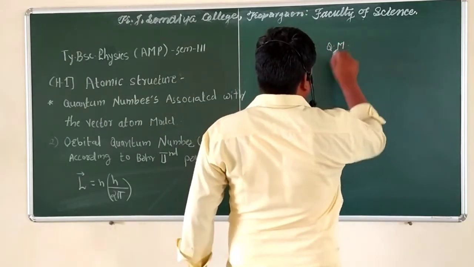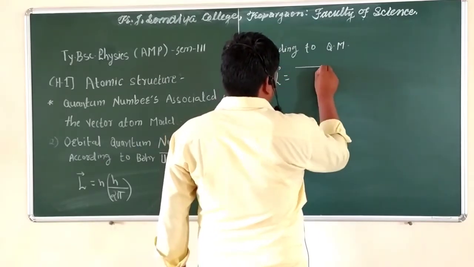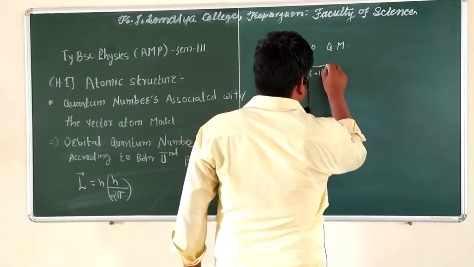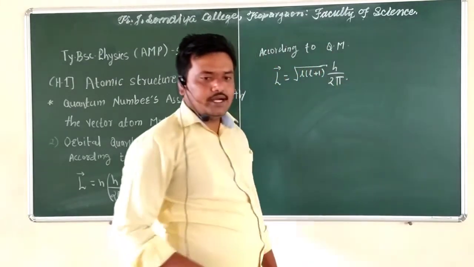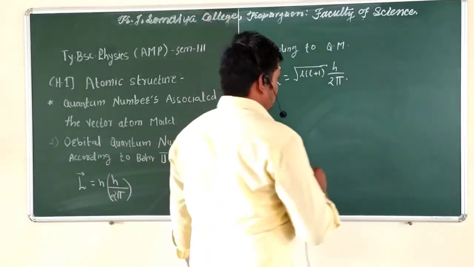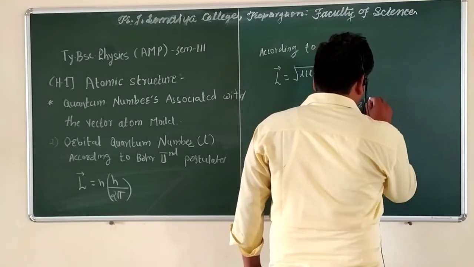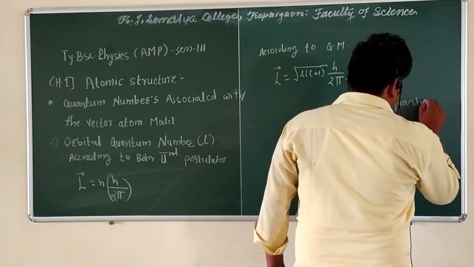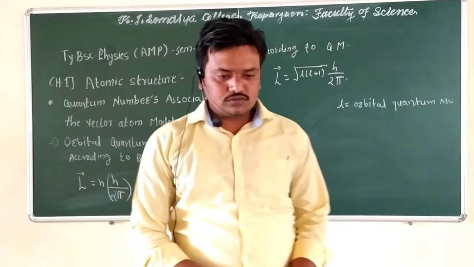according to quantum mechanics, L bar is given as under root of L into L plus 1 into h upon 2 pi, where L is the orbital quantum number.